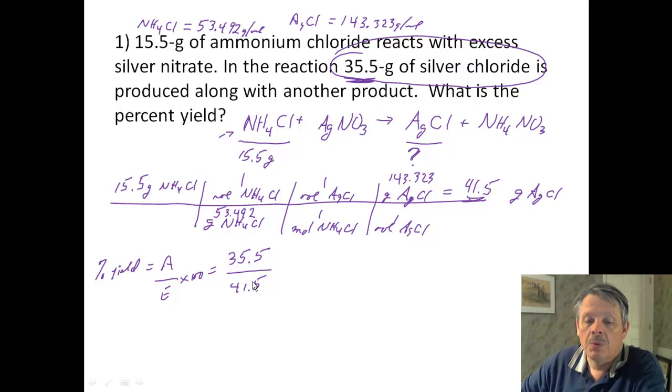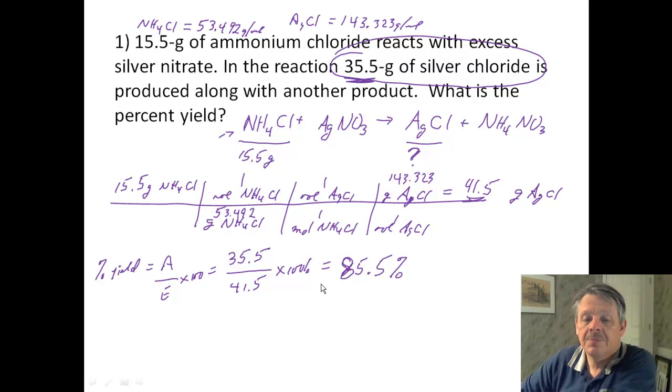So when we divide that out, we have to multiply that by 100%. Otherwise, you're going to get a fraction. So your answer here is 85.5%. All right, so that's the first one.